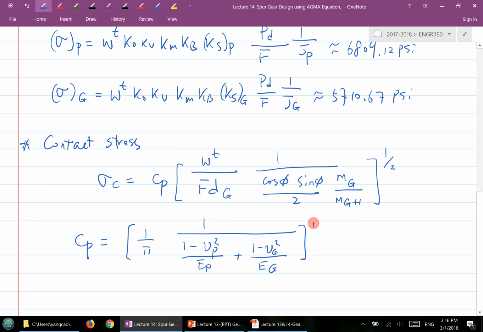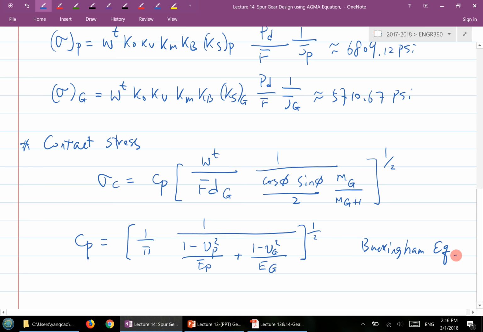Okay, so that's basically the so-called Buckingham equation. This Buckingham equation is the basic equation for calculating the contact stress.